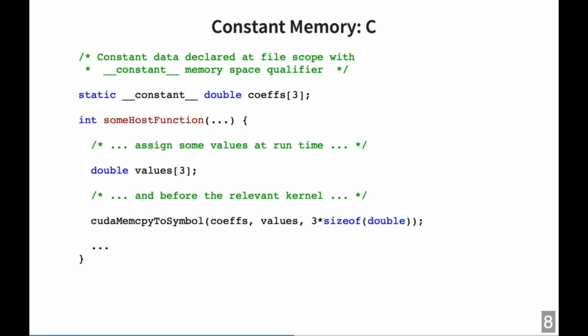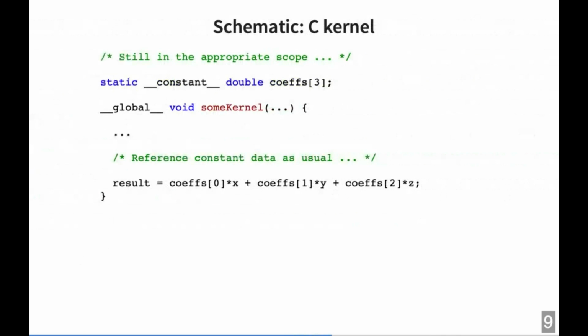And so if you want to assign some values to that piece of constant memory, there's this special cudaMemcpyToSymbol API call, which is a bit like cudaMemcpy, except it's loading these values into this constant memory, and those coefs in this example can be accessed in your kernels if they are in scope.